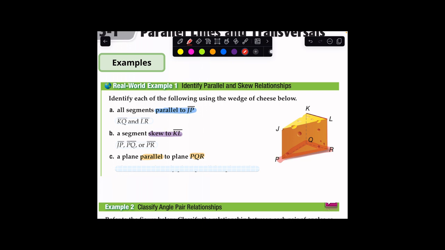So that would be the bottom side of the cheese. The one parallel to that: if this is flat, then what else looks flat and horizontal to you? That would be the top of the cheese, JKL. So plane JKL is the only plane parallel to PQR. Delicious.